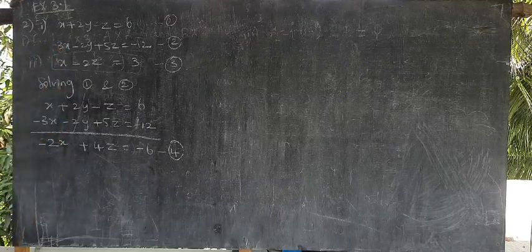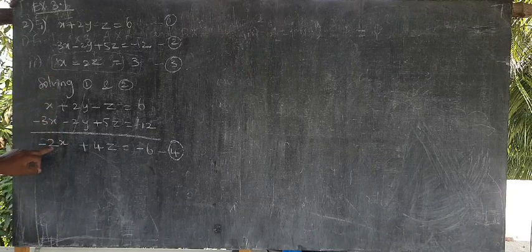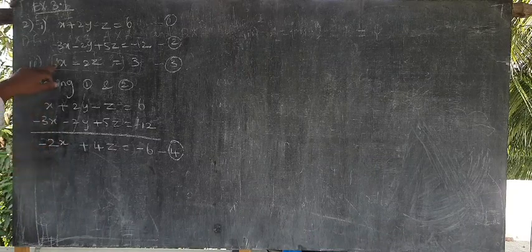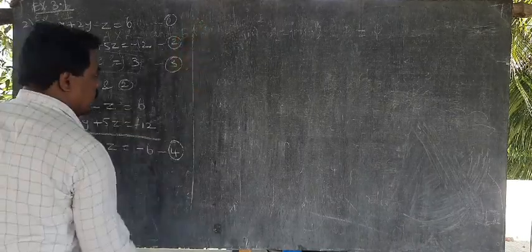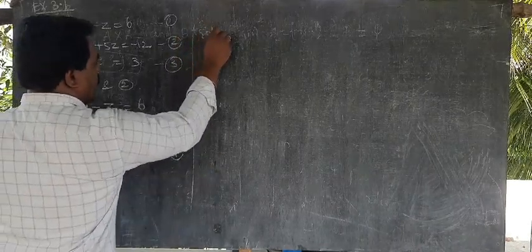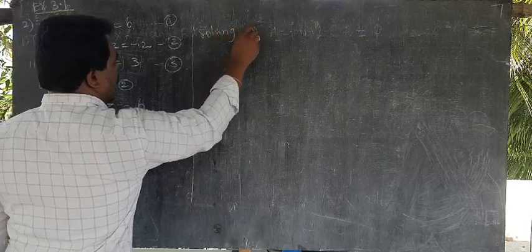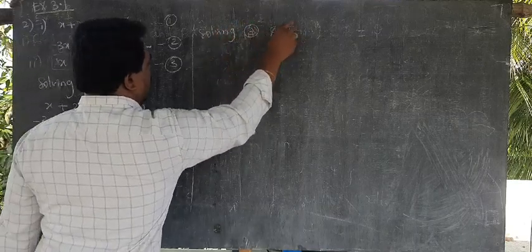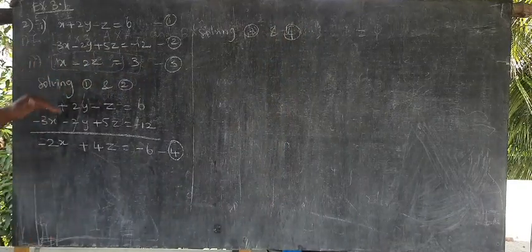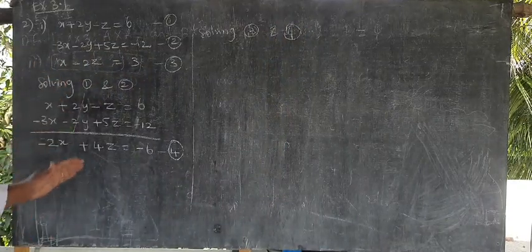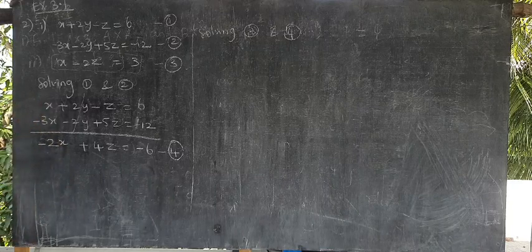Here minus 2x, here x, so multiplying by 2 we get 2x. What I am doing here, solving 3 and 4, is that we need to make the variable equal, and only then can we cancel it.